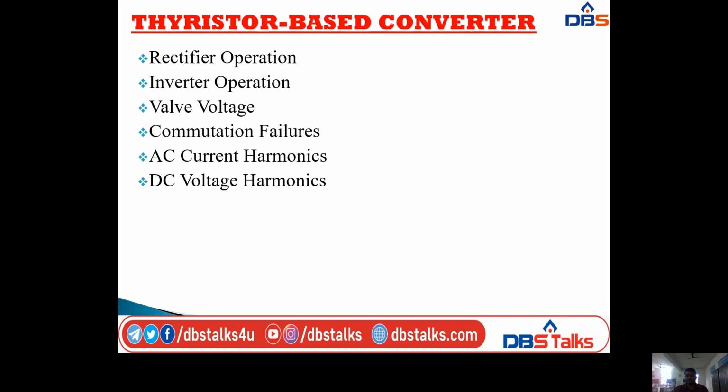You know these from the previous sessions also, but today I am going to discuss these first two operations. In the coming classes, I will discuss valve voltage, commutation failures, AC current harmonics, and DC voltage harmonics. Firstly, I will start with the rectifier operation.